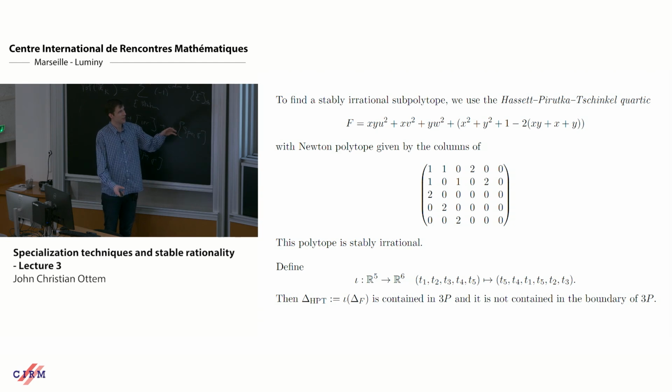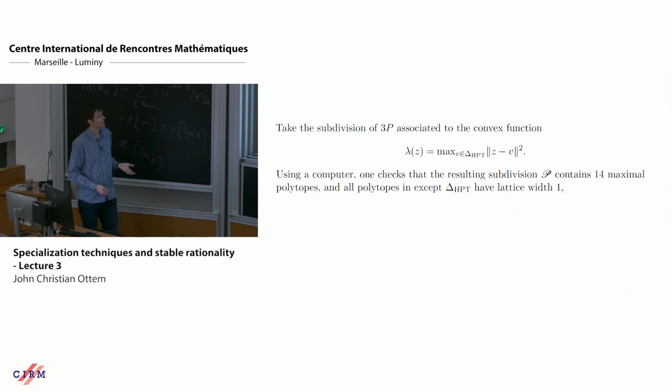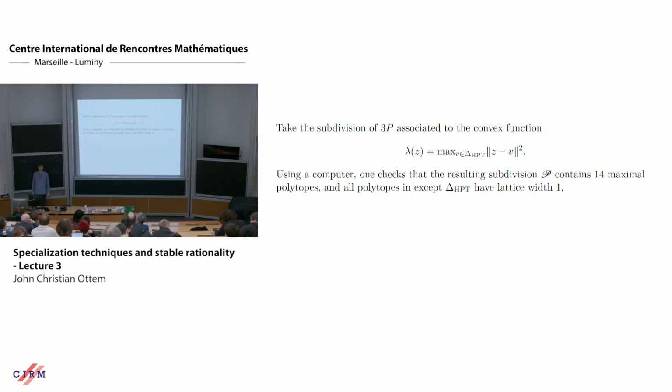Once we have a big polytope and we found some irrational polytope inside it, it would be very unlucky if this technique didn't work. And we just check that the idea that we had before, by taking this sort of distance function, gives a subdivision which works.